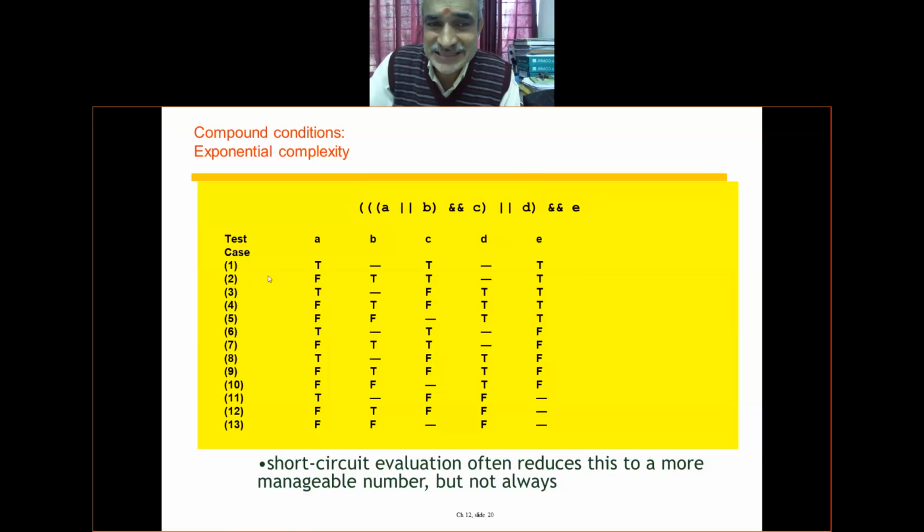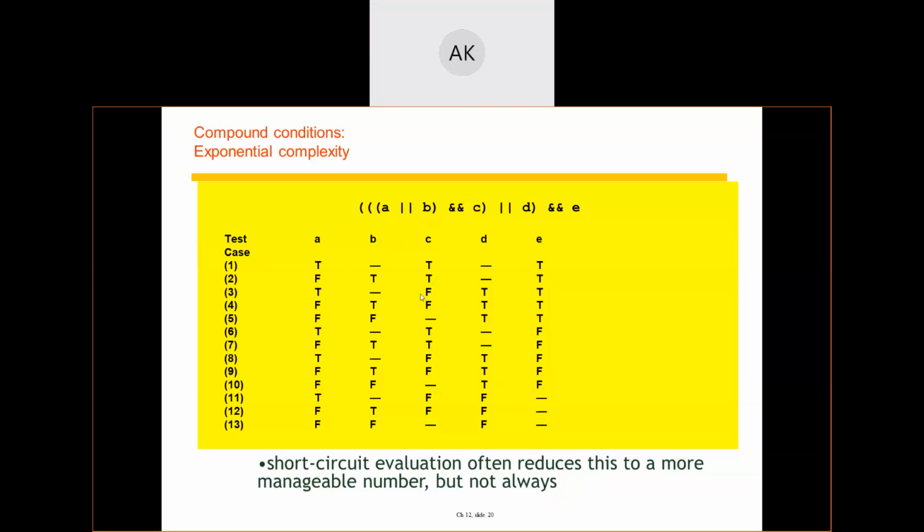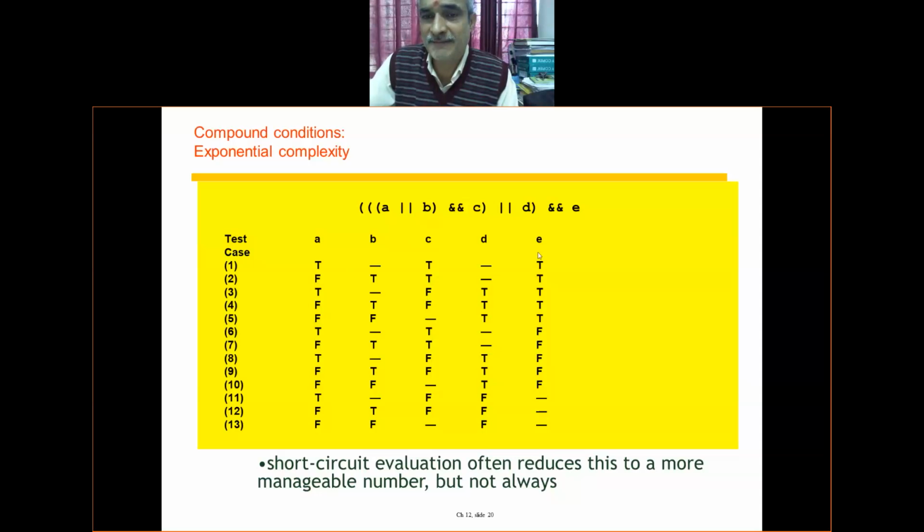Now look at that. Test cases 1 and 2 ensure that when this is true, the condition is taken care of. This is one condition, this is another condition. Under both conditions you have to look into it. It may so happen that it may not work for this. Very clear? You need to ensure all possible combinations.